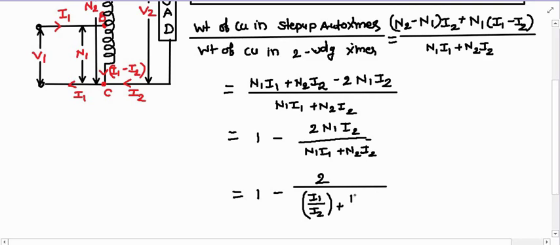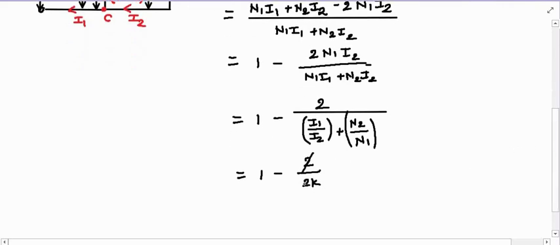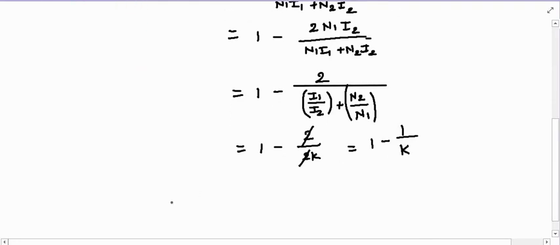I2 will get cancelled, and you will get N2 upon N1. But students, what is N2 upon N1 and I1 upon I2? It is K. So here I will get 1 minus 2 upon 2K. So my 2 will get cancelled, and I will write this as 1 minus 1 upon K.